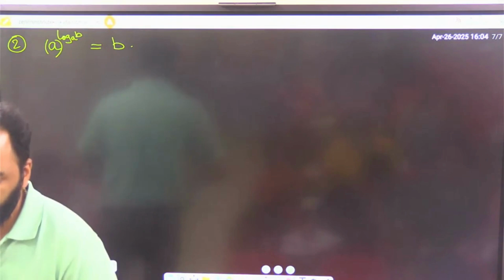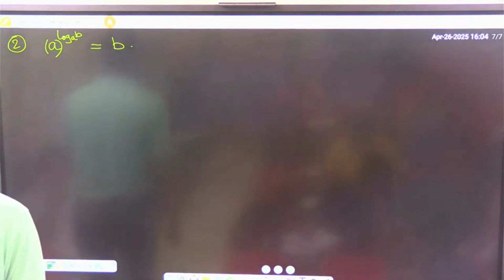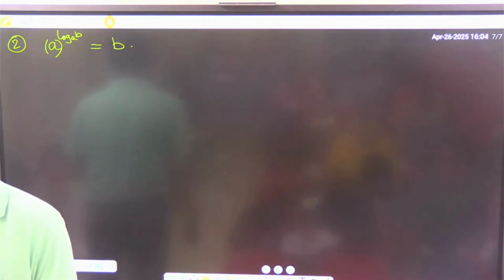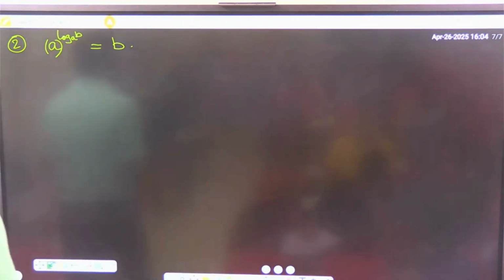We refer to this as a number raised to the power of log of the same base. They cancel each other's effect.